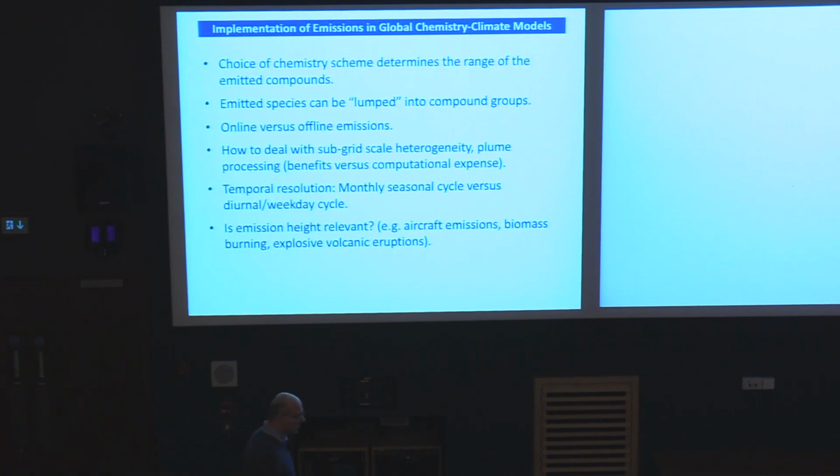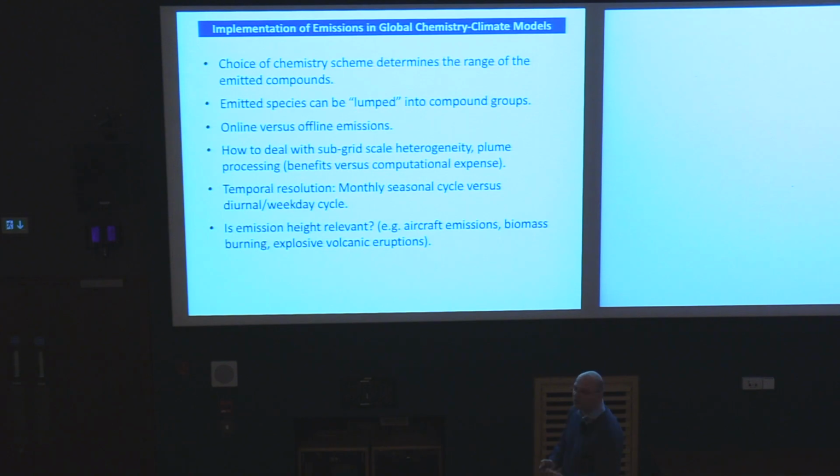If your interest is in simulating the change in global burdens of greenhouse gases between present day and 2100, for instance, you will look to emit different compounds than if you're interested in regional air quality with a future climate background. Then you will have to include different compounds.